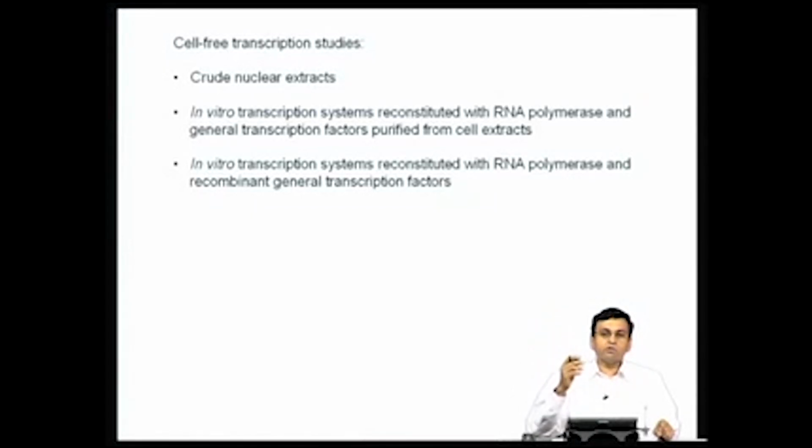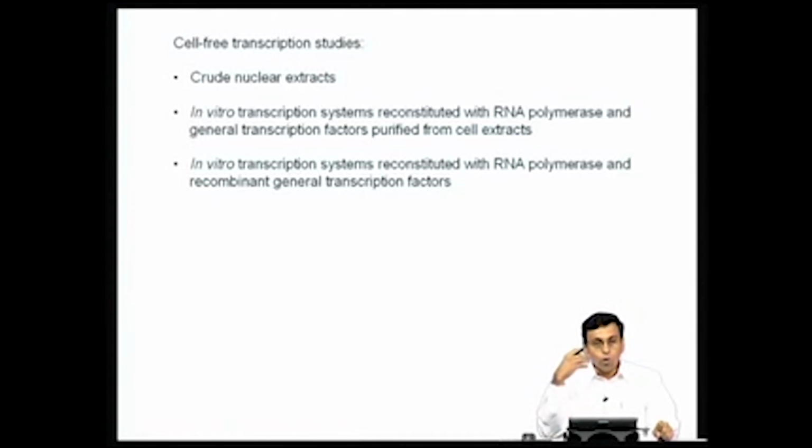Initially, people used crude nuclear extracts in which templates can be put in and their transcription activity assayed. Then people started purifying general transcription factors, RNA polymerase II and transcription activators, and developed what are called reconstituted systems, wherein you add individual purified components to the cell-free transcription system, add your DNA template and assay your promoter activity.